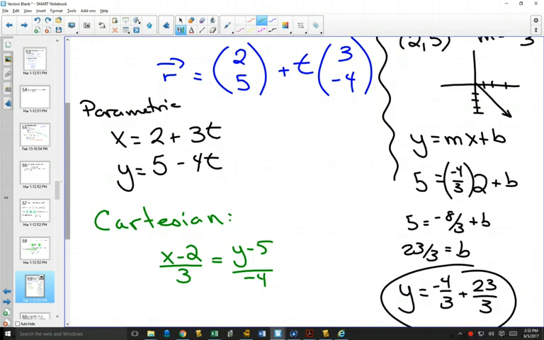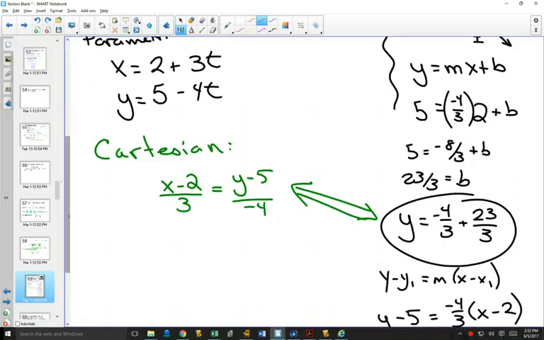That's our Cartesian form. The Cartesian form is supposedly the same as y equals mx plus b. Well, let's check to see if it is. In order to check, I would have to get y by itself. If I multiply both sides by 3 and both sides by negative 4, negative 4x plus 8 is equal to 3y minus 15.